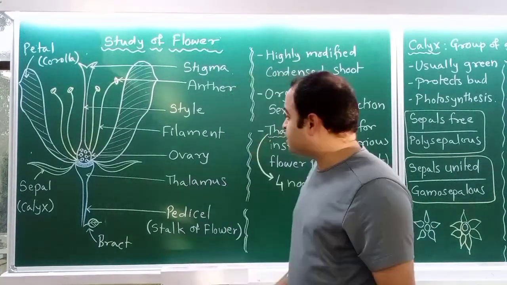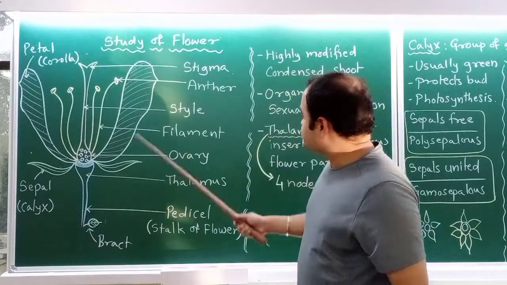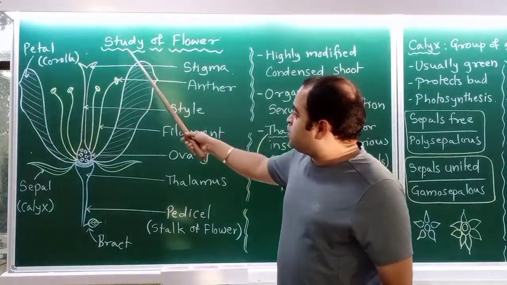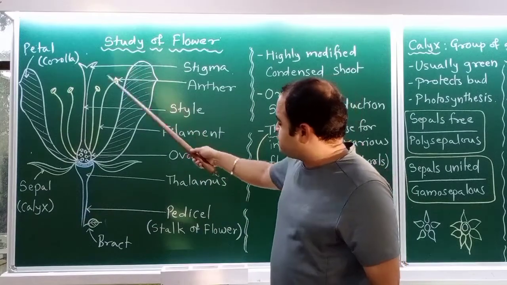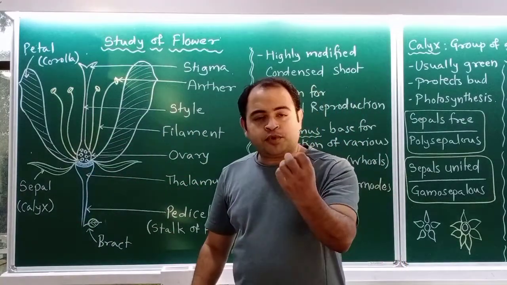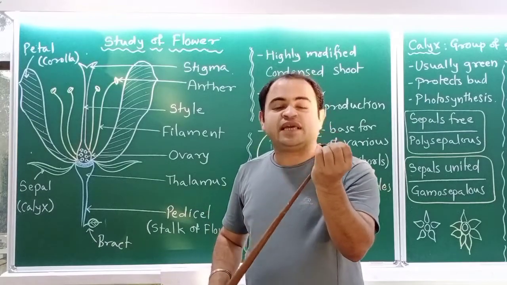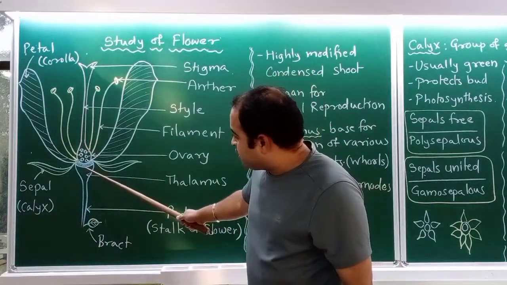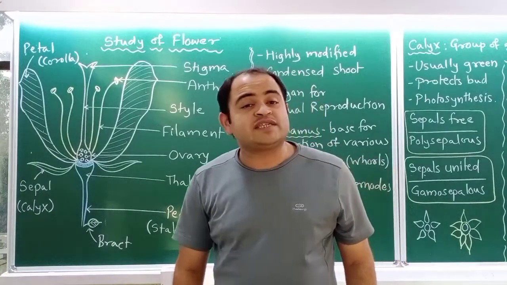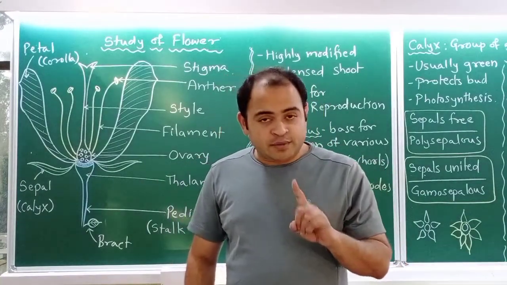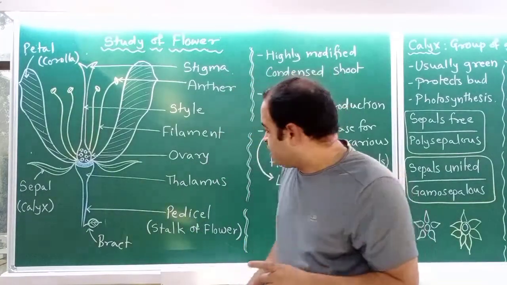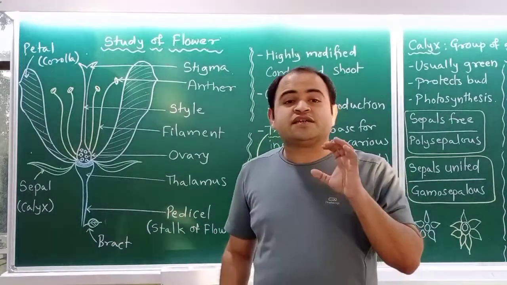So let us begin with the actual flower now. This particular structure is inserted on some disc-like structure. So this particular disc is called thalamus. And remember, thalamus is nothing but the condensed stem.